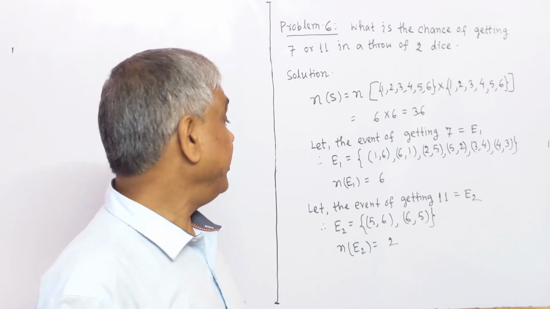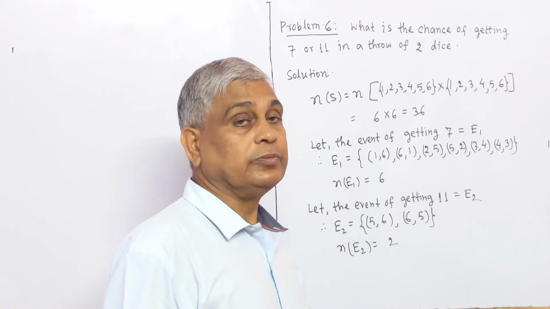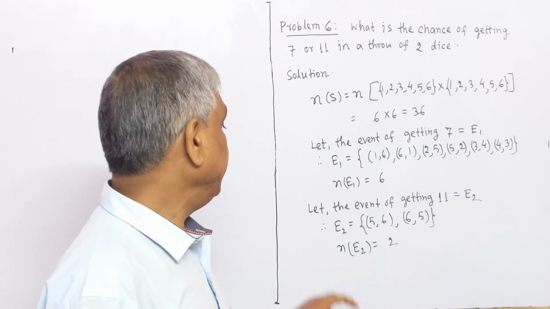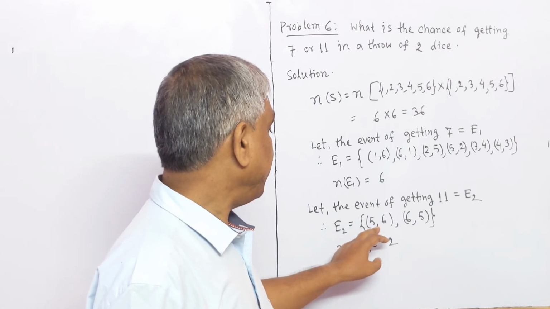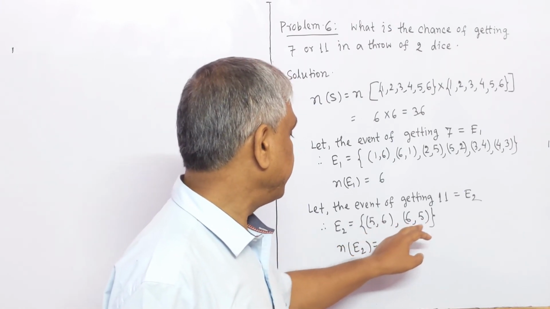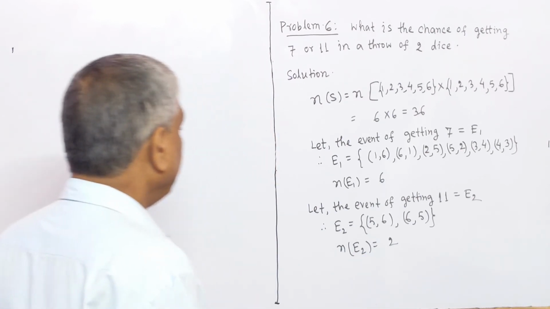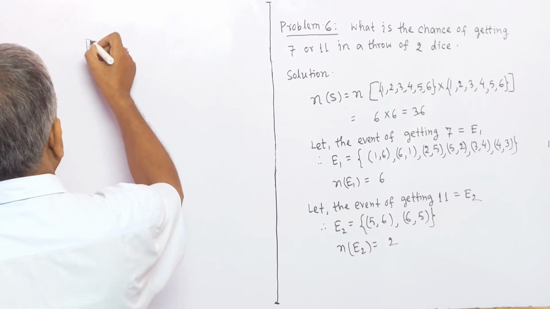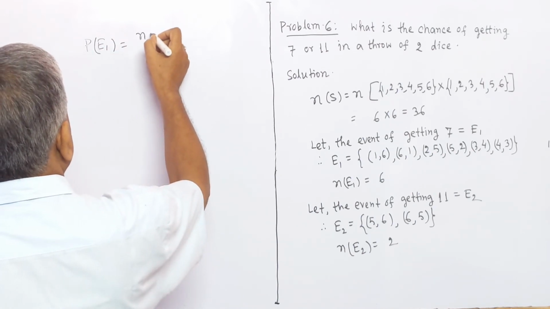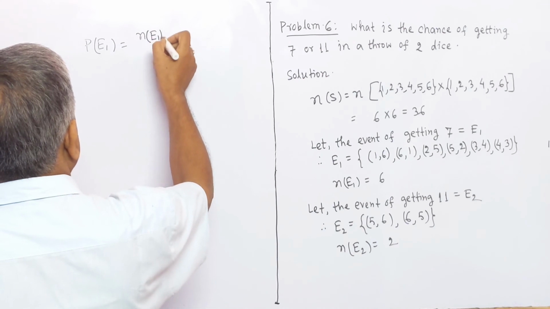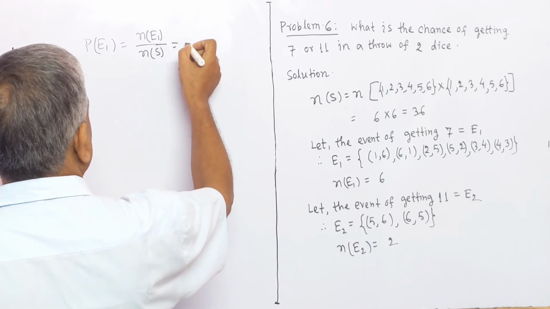Let the event of getting 11 be denoted by E2, and E2 will have the elements ordered pair (5, 6) and ordered pair (6, 5). The number of elements in E2 is 2. Therefore, P(E1) is equal to N(E1) by N(S), the number of elements in the sample space.